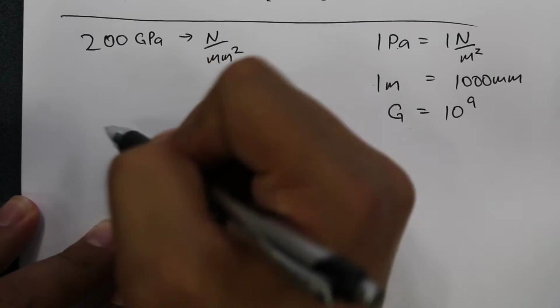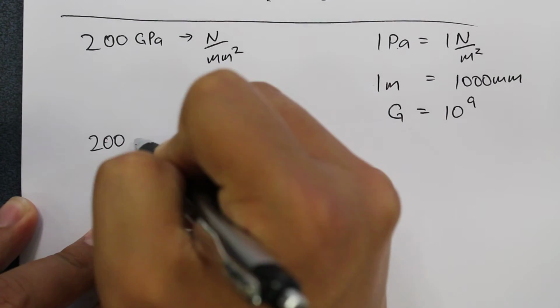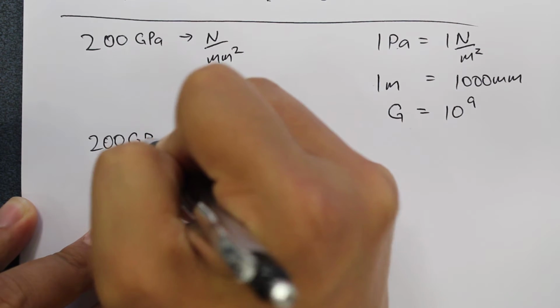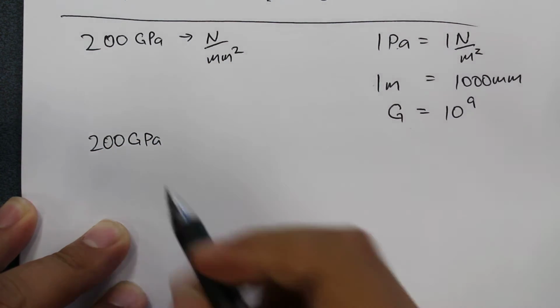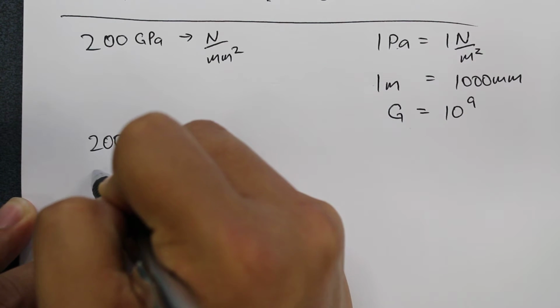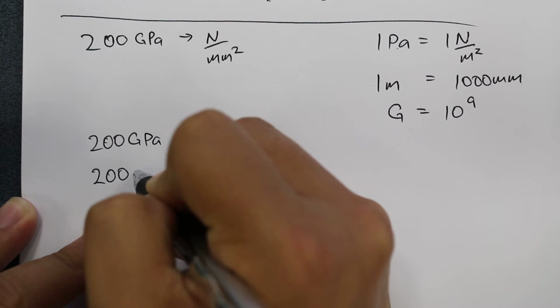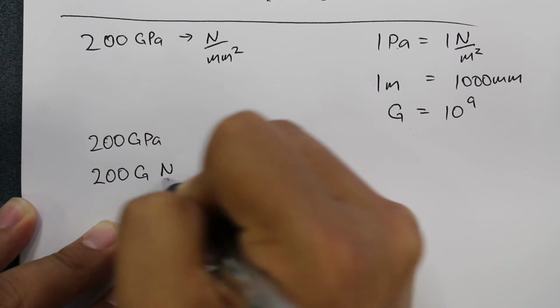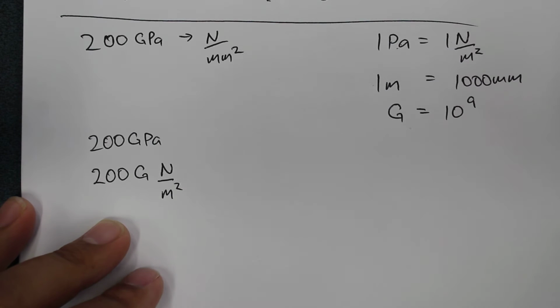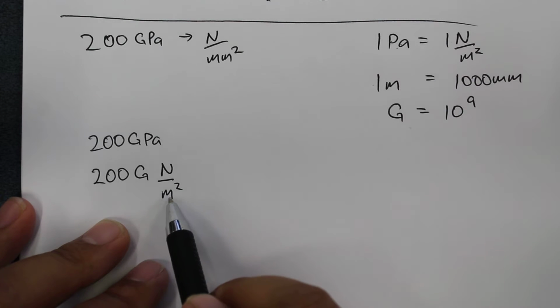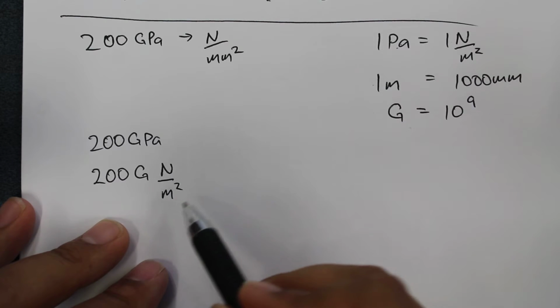Okay, so we can write down 2,000 gigapascals. The pascal unit can be replaced with newtons per meter squared. So this is the same as writing 2,000 giganewtons per meter squared. Alright, so we want to cancel the meter squared unit.